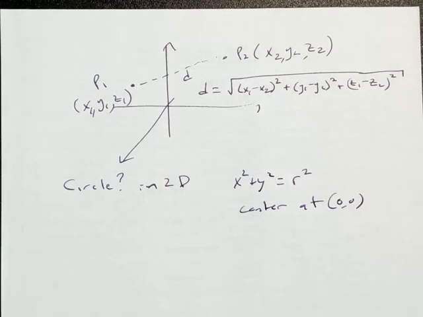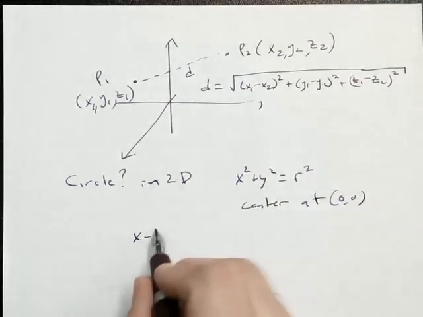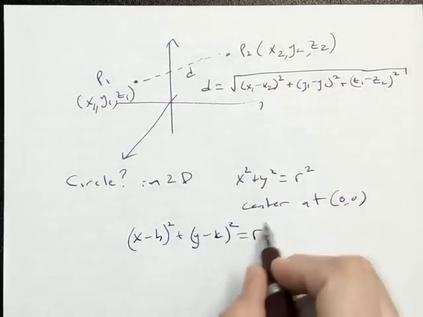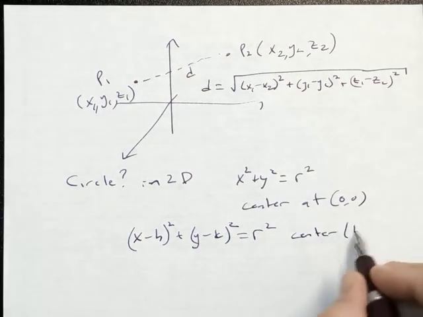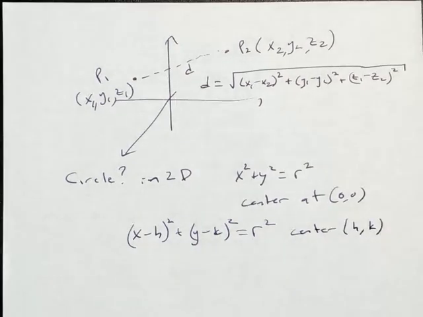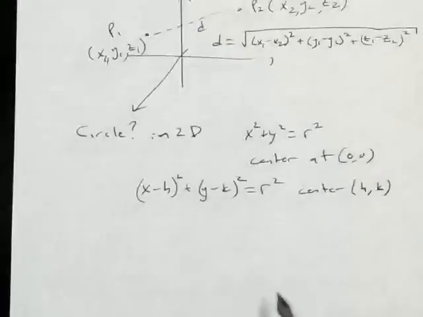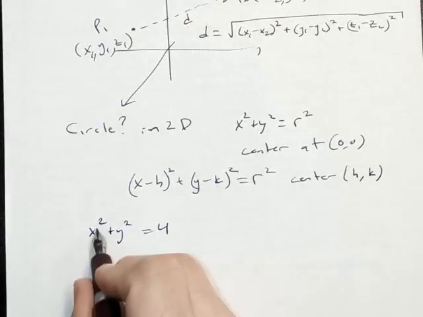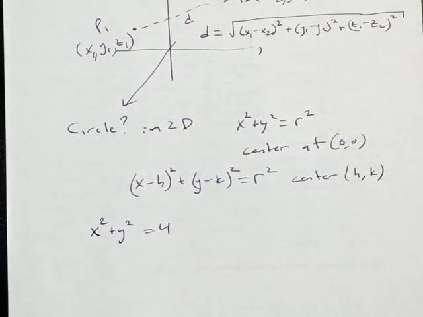And if the center is somewhere else, I need to shift x and y to make up for that, right? So in 2 dimensions, if I say, let's write x squared plus y squared equals 4. What am I describing? Circle at the origin with the radius of 2.